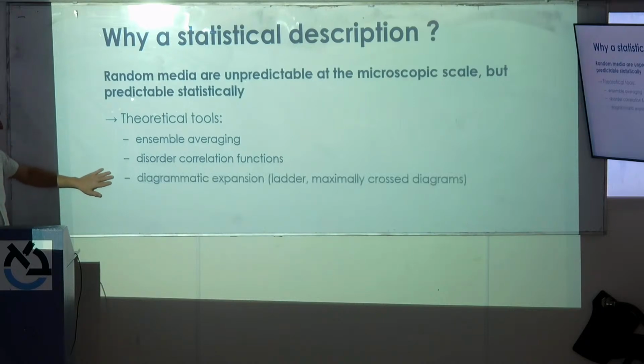And we have tools that I will mention very briefly later, which are the diagrammatic expansions, which also are formal tools. This is a very simplified way to describe the different terms in the Born expansion. They are really formal, and they are statistical. You cannot do more than ensemble averaging over these quantities.